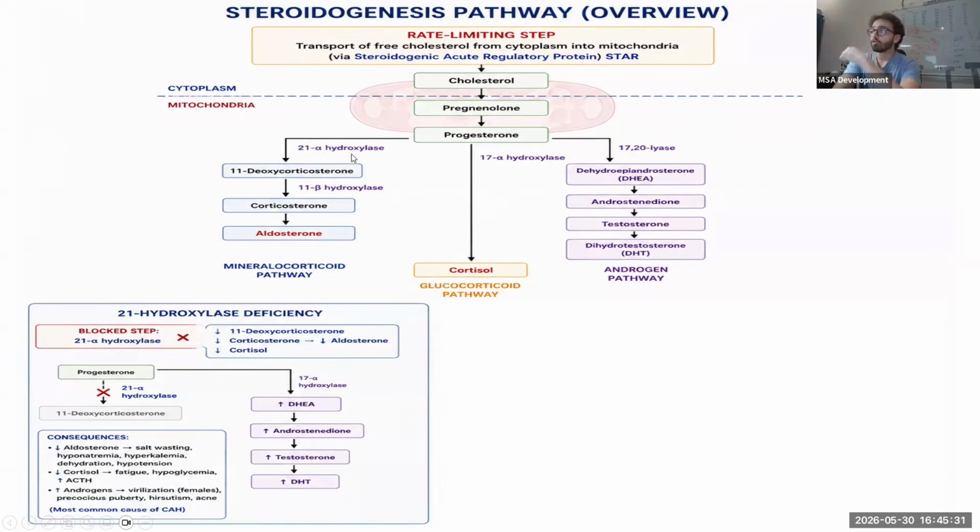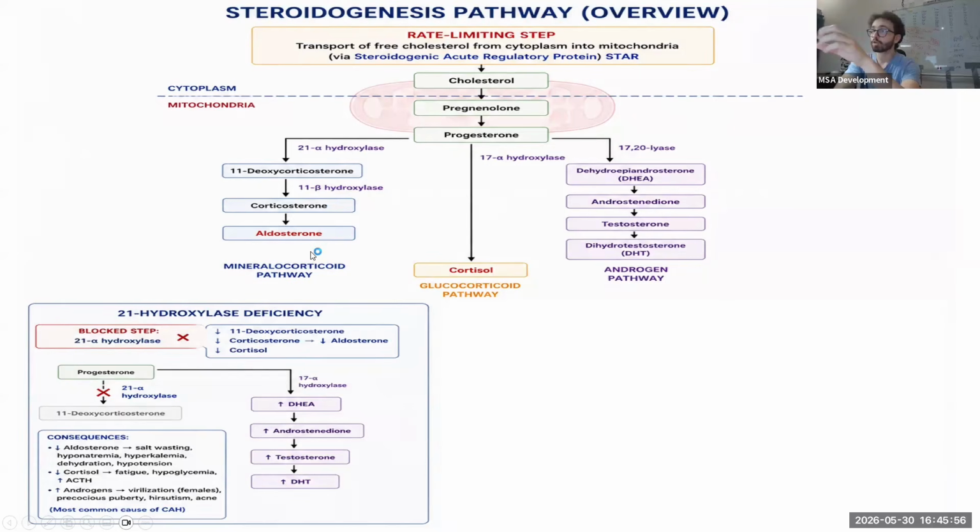Let's say 21 alpha hydroxylase is deficient. What will happen? Progesterone can't become deoxycorticosterone. So what will this lead to? It will lead to not having aldosterone because this whole pathway is blocked. So decreased aldosterone and decreased deoxycorticosterone. And also we will have decreased cortisol because usually this progesterone is 33% here, 33% here, 33% here.